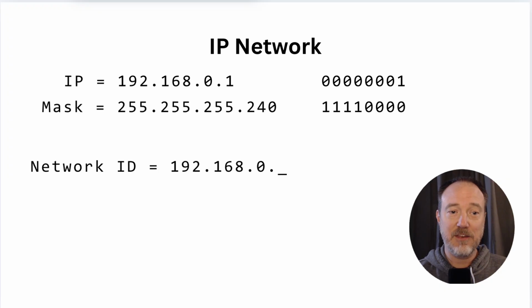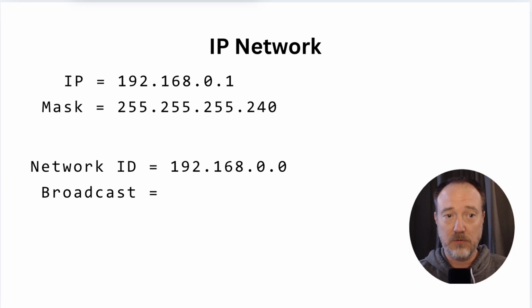So we can see that none of the ones align between the binary of the IP address and the subnet mask. So the result of the AND is going to be all zeros. When we convert this to decimal, it's going to give us a decimal value of 0, so the last octet of our network ID will be 0.